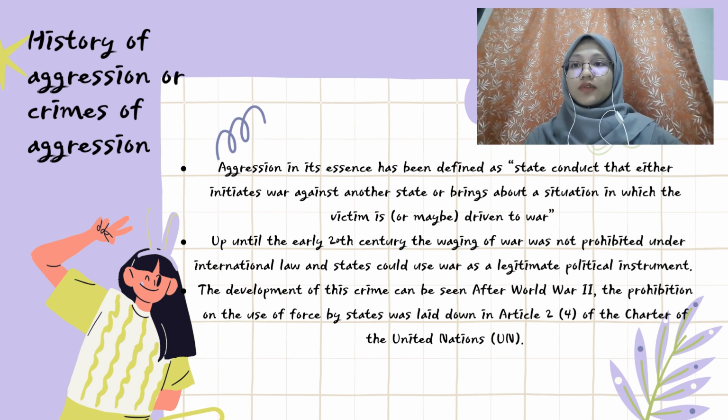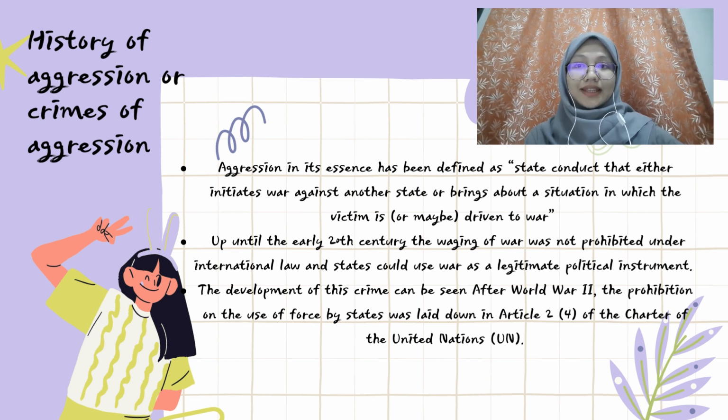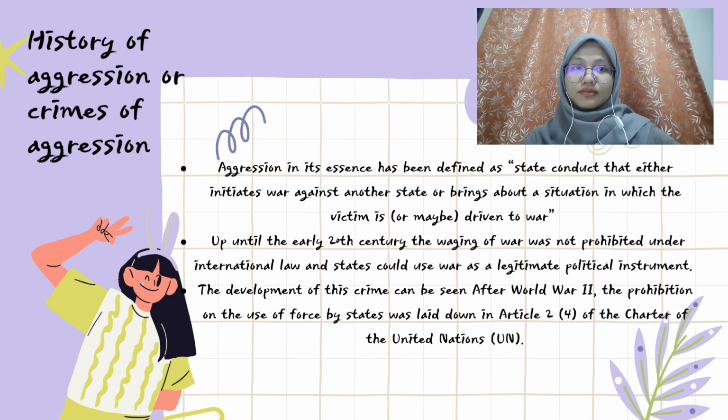Firstly, individual or collective self-defense by states involving the use of force is authorized by Article 51 of the Charter, and secondly, the use of force can be authorized by the UN Security Council under Article 42 of the UN Charter.